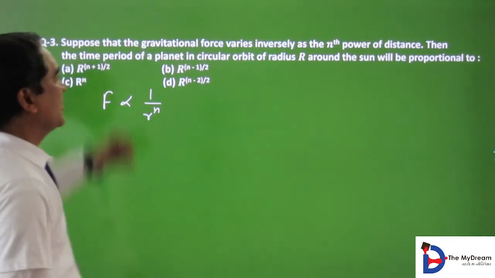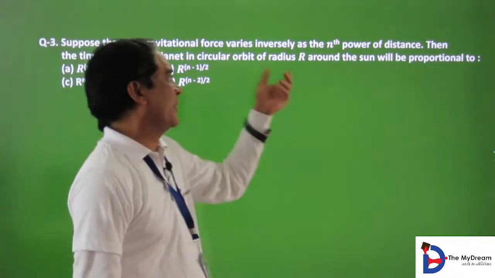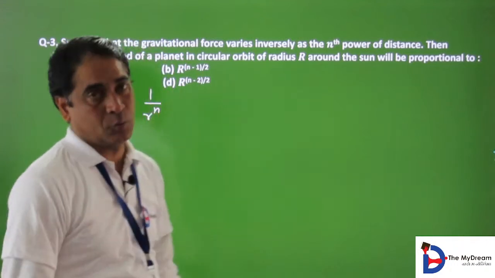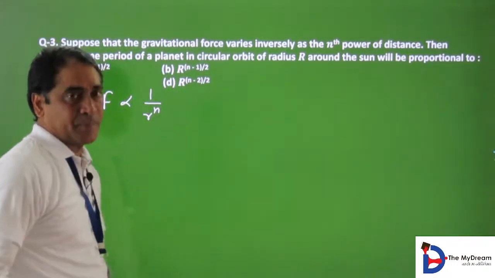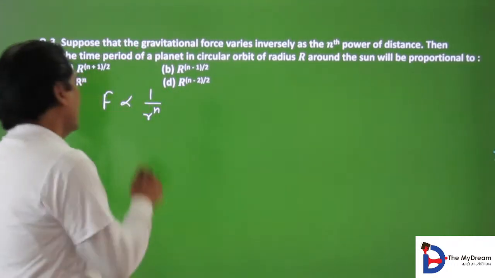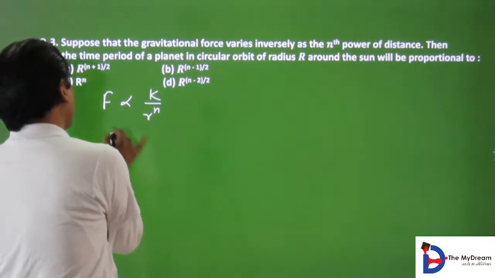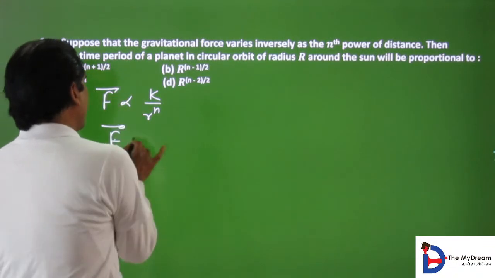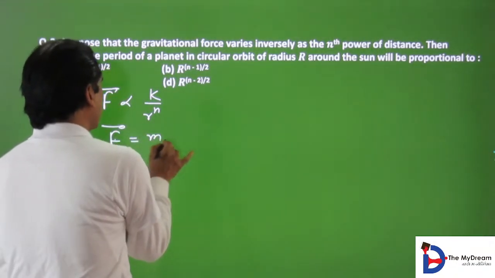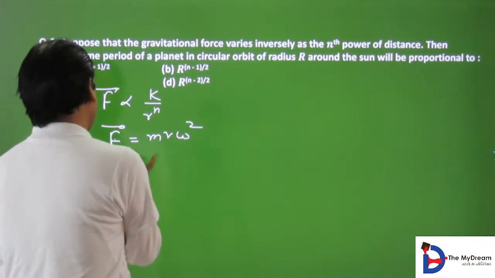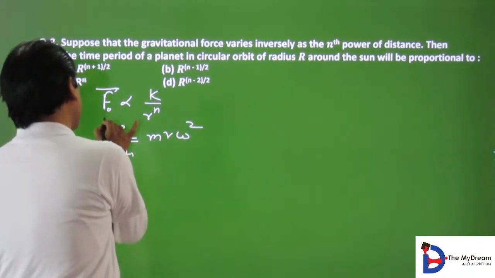The time period of the planet in a circular orbit of radius r around the sun will be proportional to, and you want to know the time period. It can be written down as k by this, that is m r omega square, that is the centripetal force. This is the gravitational force.